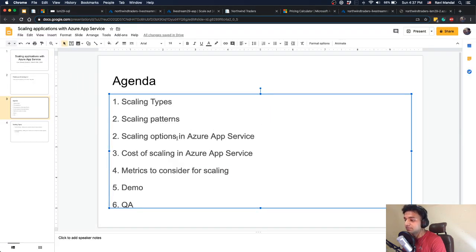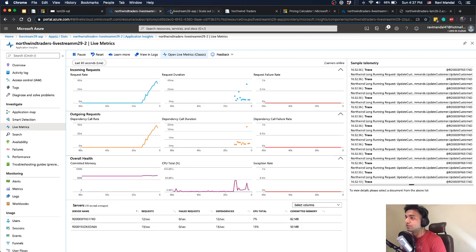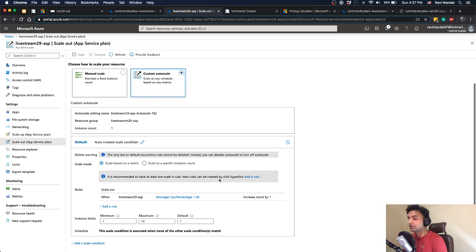So, the metrics to consider for scaling. As I explained in the earlier scenario, you can scale upon anything you want. You can scale upon the CPU percentage. Let me show you that.